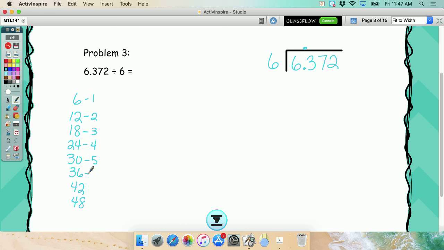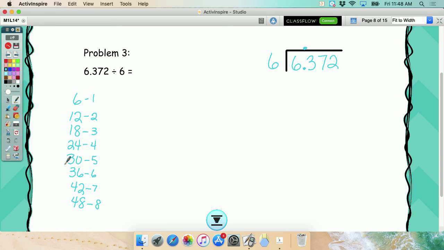Trust me, you're going to love this. Okay, so what this means is 6 times 1 is 6, 6 times 2 is 12, 6 times 3 is 18, 6 times 4 is 24, and so on. We're going to use these, they're called multiples. We're going to use the multiples to help us.